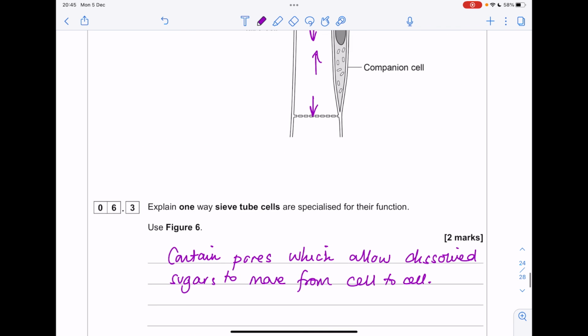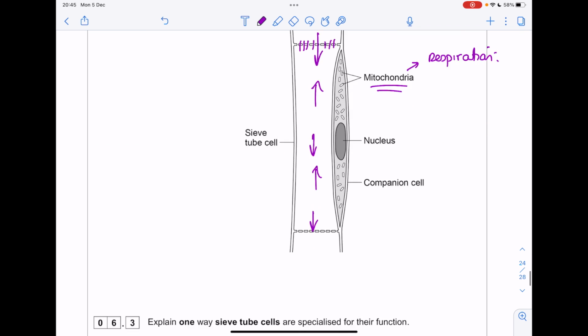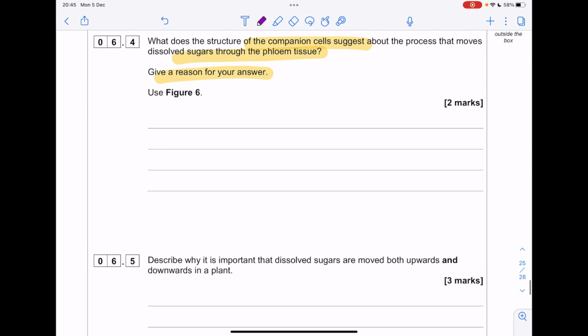Okay, remember here that there's all those mitochondria. So why are they there? To enable that movement of sugar by active transport, because there must be a requirement of energy here. So many mitochondria in companion cells. Let's say what they do.